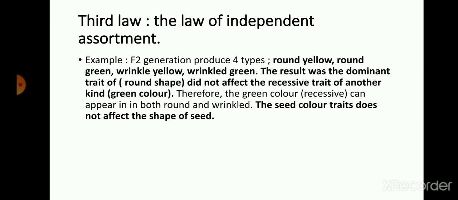Therefore the green color may be recessive, but it can appear in both round and wrinkled pea seeds. So the seed color trait does not affect the shape of the seed. In this way, the characteristics of the plant are inherited independently of each other.